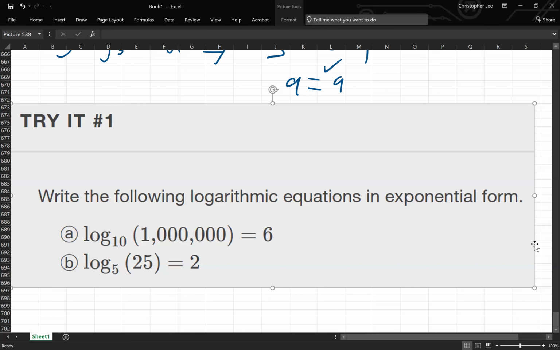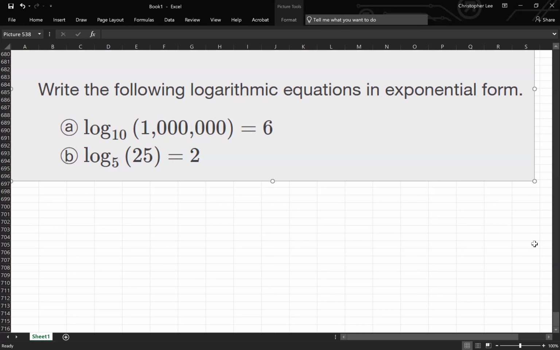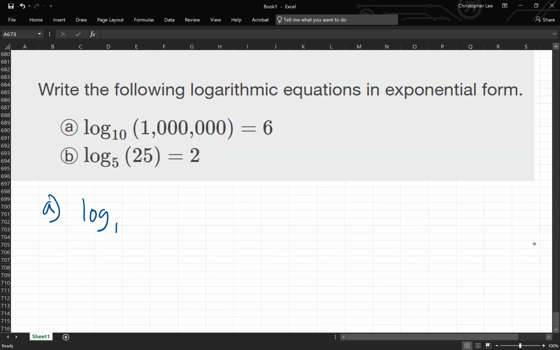I'll show you. It's not bad. So for A, I'm just converting it. This is log base 10 of 1 million is equal to 6. Convert it.